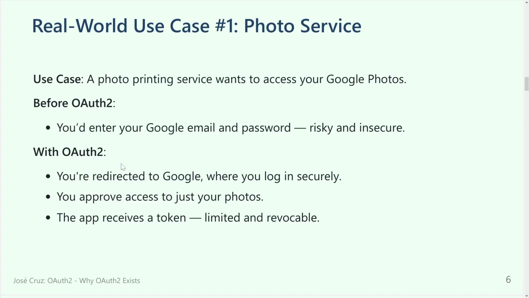So you use your username and password, and then Google will validate and ask you, okay, this application is asking to access your photos as read-only. Do you accept? And you say yes. And then they will provide a token, let's say like a ticket to the movies. Then every time this client application needs to display the photos, so you can choose which ones you want to print, it goes through the Google API and says, I have this ticket, or this token to be more accurate.